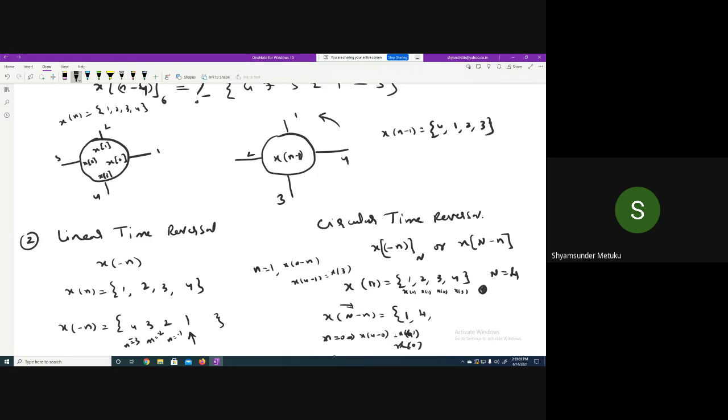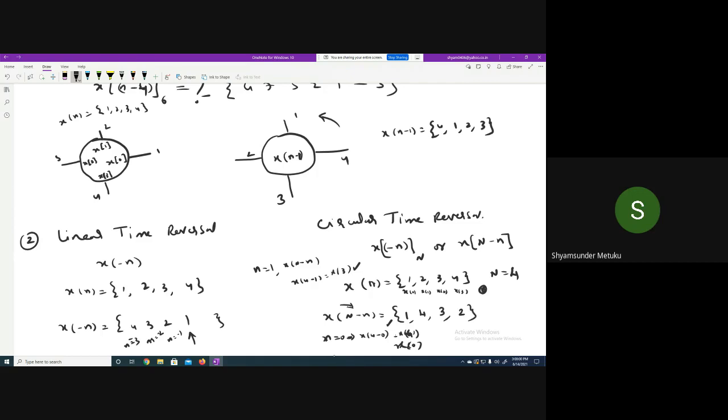So when n is equal to 1, you need to pick which sample? X of 3 sample. What is x of 3? It is 4. Now next sample you tell me. 4 minus 2, x of 2, which is 3. Next, 2. That's it, right or not?